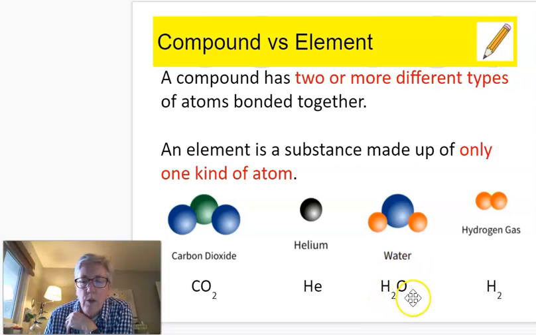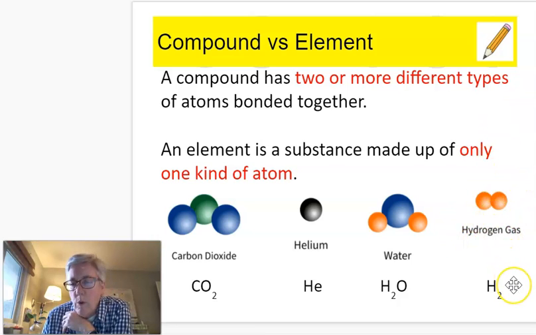It has two hydrogens and one oxygen. So that's got two different kinds of atoms in there. And hydrogen gas, this is actually also an element. Even though it has two hydrogens, they're both hydrogens, so they're both the same. So in that case, it's not a compound, because we don't have two different types of atoms bonded together.